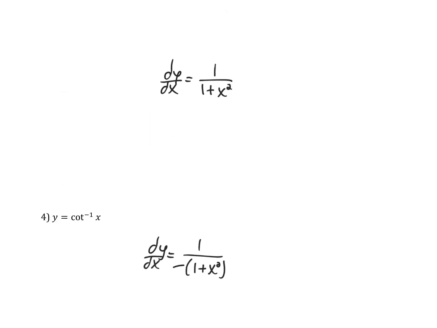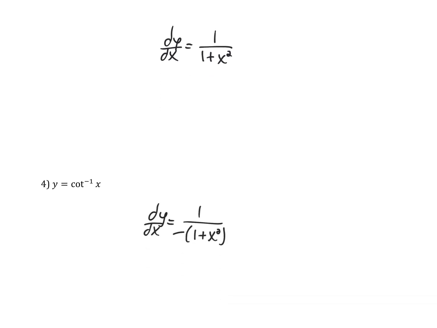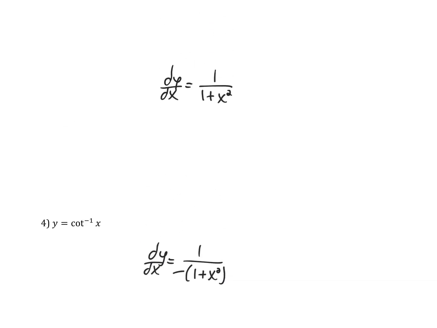For inverse cotangent, my derivative is going to be dy over dx equal to 1 over negative, and then in parentheses 1 plus x squared. So again, if you're comparing it to tangent, notice it's the same thing, but a negative on the outside.